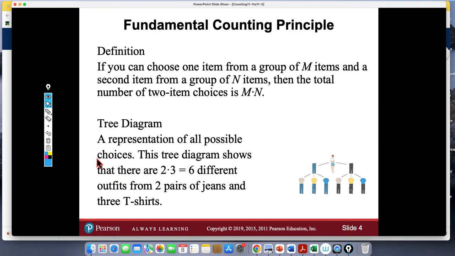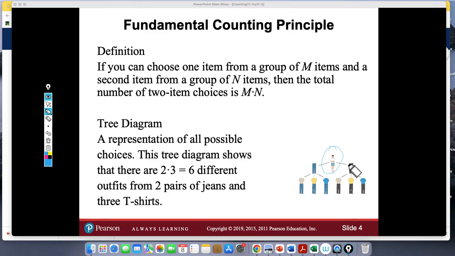Okay, so here we're going to talk about this principle. Again, I don't read through all of this, but we have a young man who's getting dressed. He's got two different types of pants, blue jeans and black jeans. So he's got two choices.